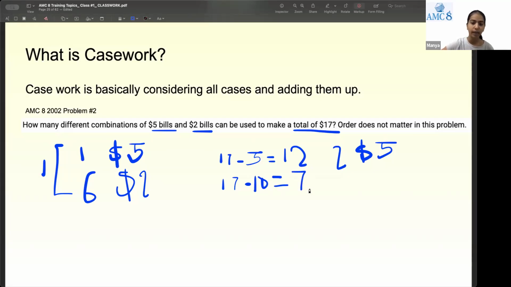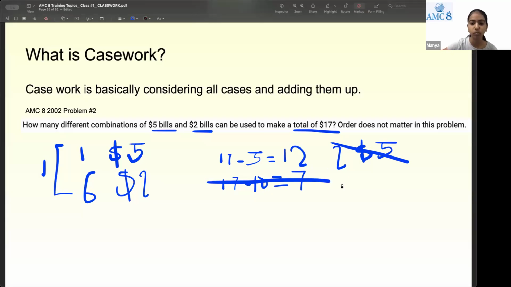But now we need to make $7 out of only $2 bills. Is this possible? We would have to use 3.5 $2 bills. But we can't split a $2 bill in half. It's either one $2 bill or none, because we don't have any ones. So this case is not possible.